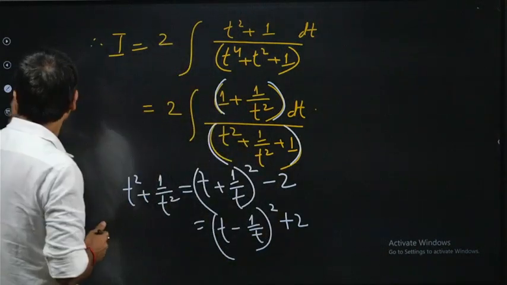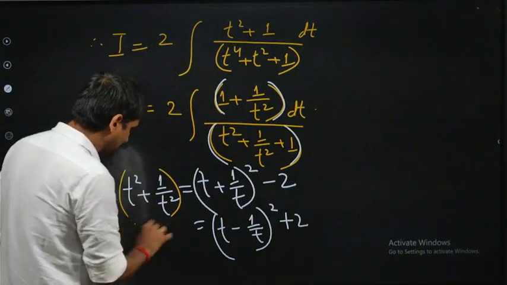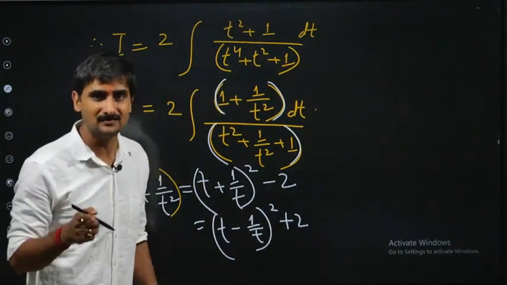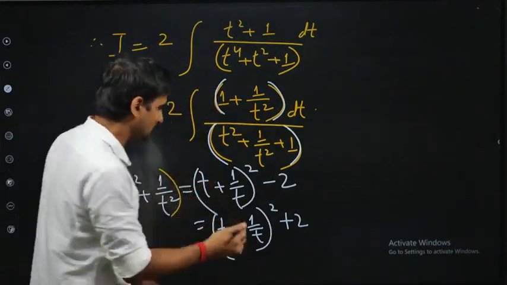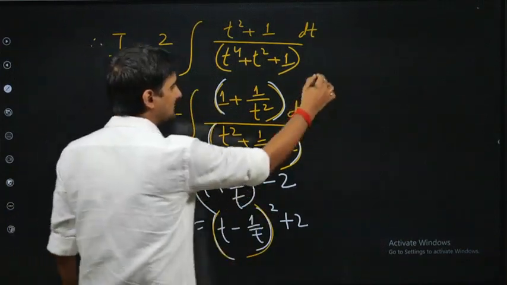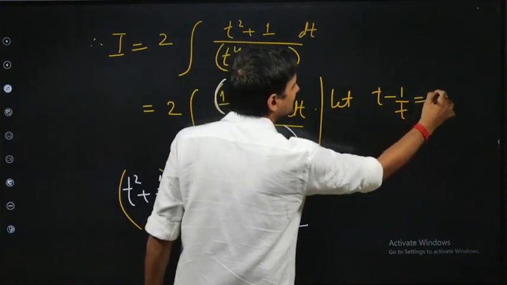Here I will be looking for the form to which I will convert it such that if I replace it with z, a new variable, I should get its derivative in the numerator along with dt. So of course it's this form. Let t minus 1 by t be z.